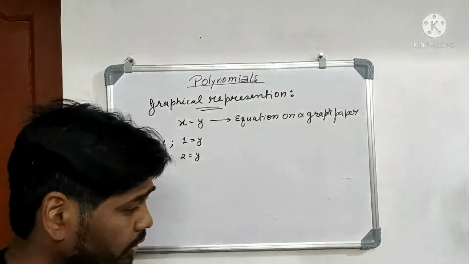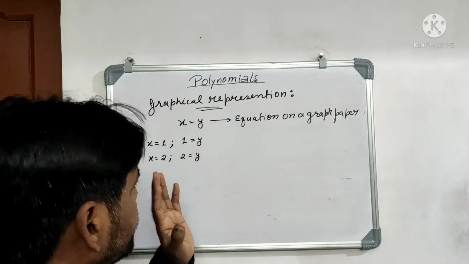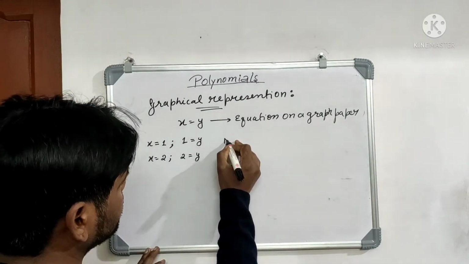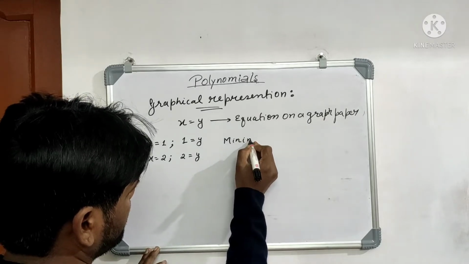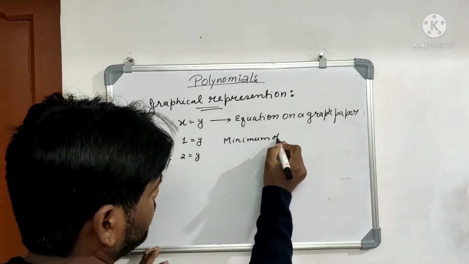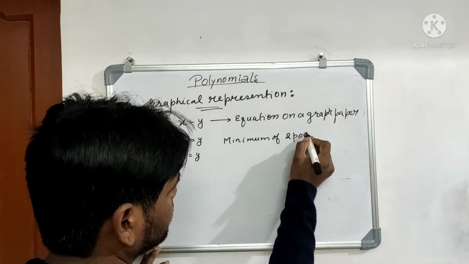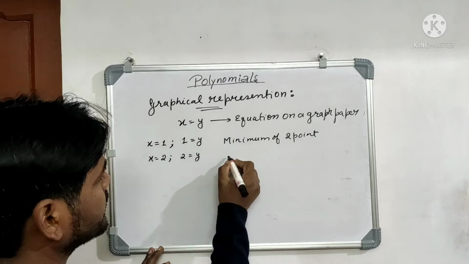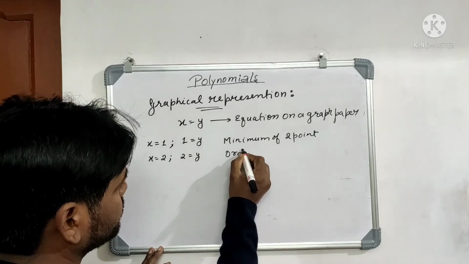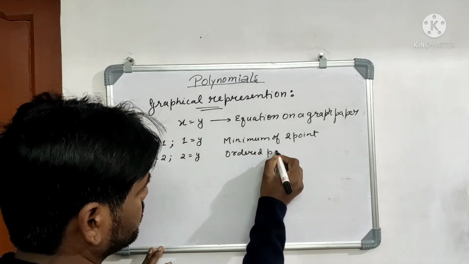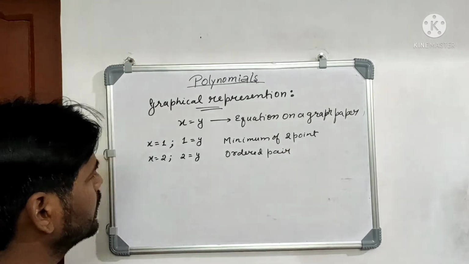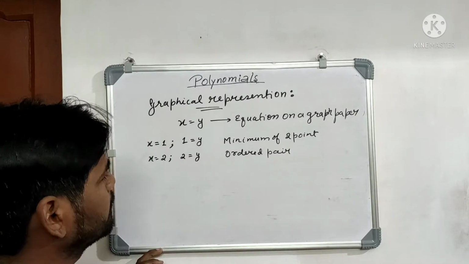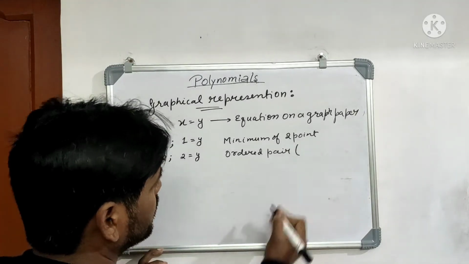So, for drawing or representing any of the equations in the form of a graph, we need a minimum of 2 points. And these 2 points are supposed to be represented in an ordered pair. That means the value of x and the value of y will always be represented together.